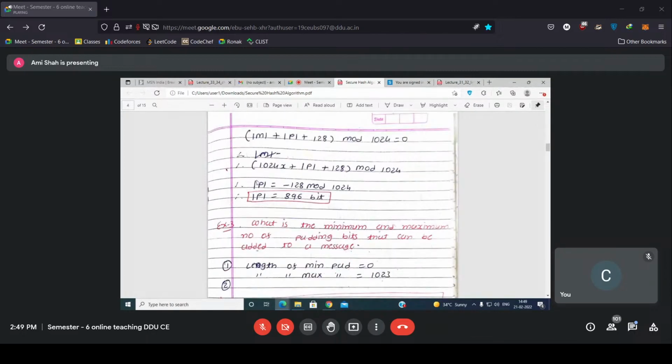So I think everyone is clear on this concept. Now example number 3: what is the minimum and maximum number of padding bits that can be added to a message? Just wait, everyone.